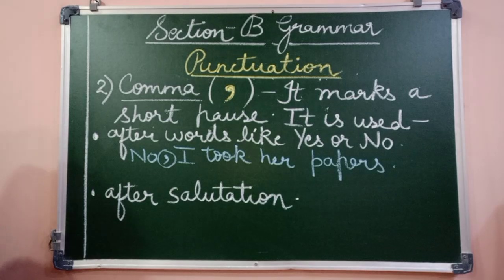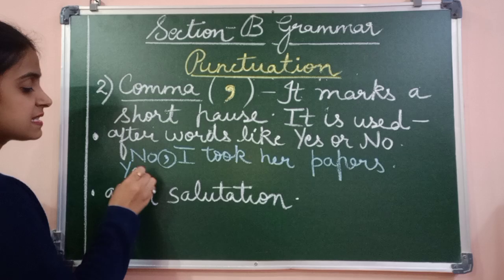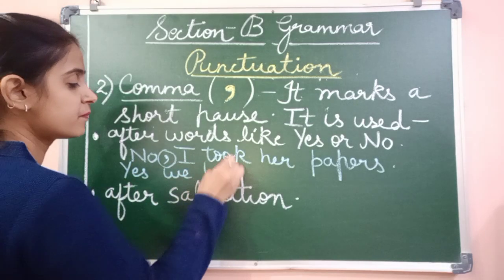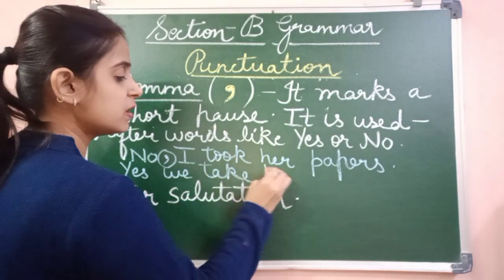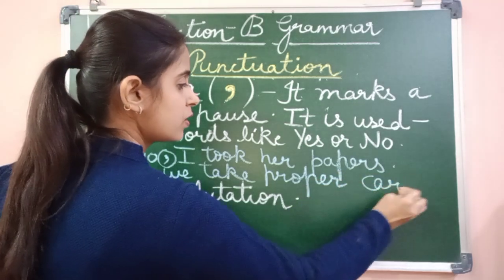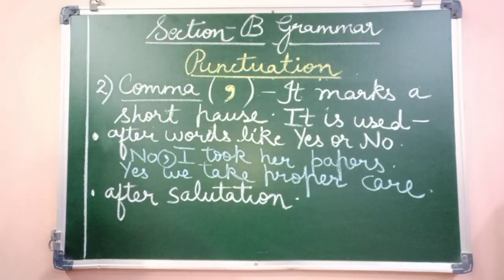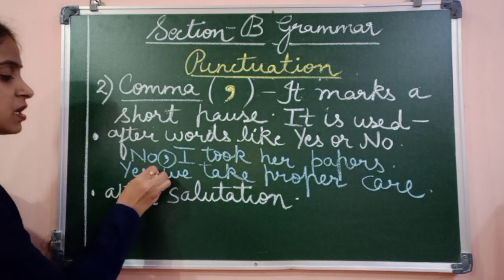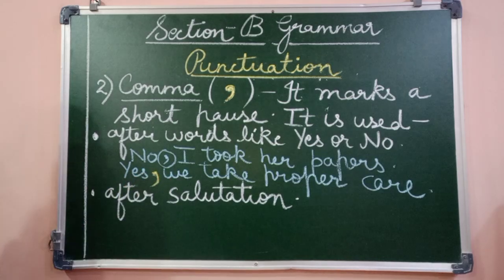After yes also, for example, I write, yes, we take proper care. Okay, so here also after yes, children, we will put comma. So comma is used after words like yes or no.